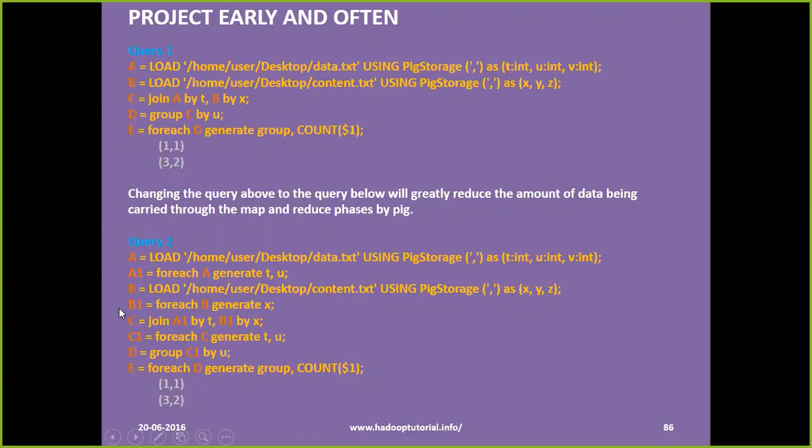And into B, I have loaded X, Y, Z. But here, I need only the X. If you observe, I'm using only T, X, and U in these operations. So I generate only X. So two columns have gone. That means 66% of the data has gone, and only 33% of the data you are getting here. Instead of a total of 6 columns, you got only 2 from here and 1 from here.